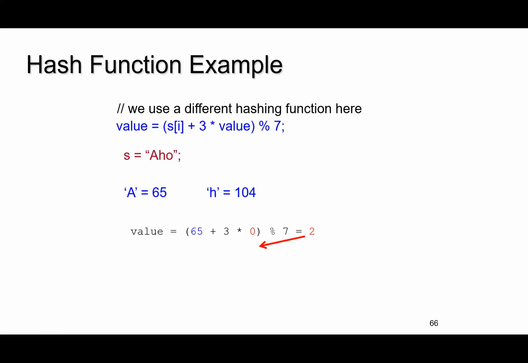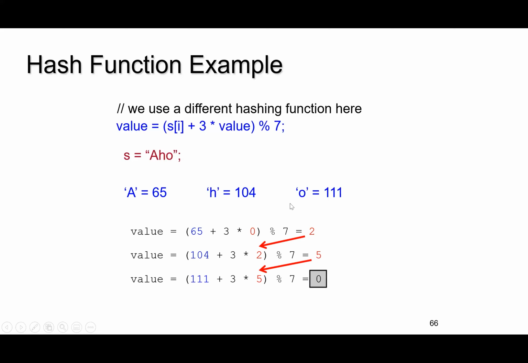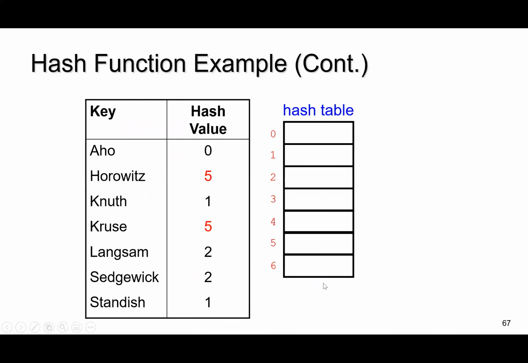Then this value will be sent to the next loop when you go to the second character. Second character H, the ASCII is 104. You use the same formula, then the final value you get is 5. Then this value will be used in the next calculation for O, and finally the value you get is 0.